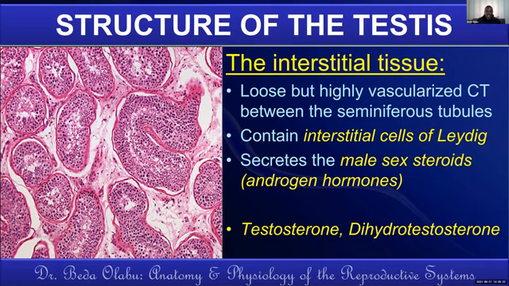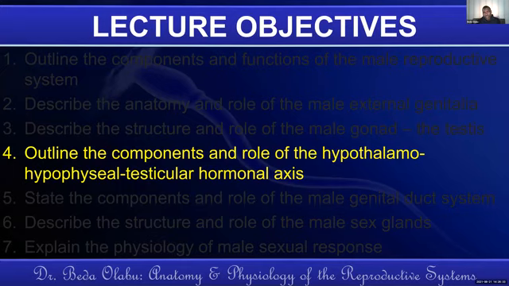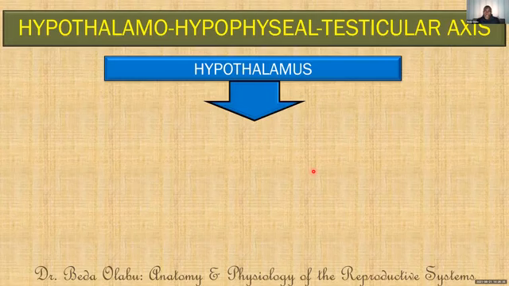Right, so that's the structure of the testis. Now that we've talked about androgens, let's talk about the hypothalamo-hypophyseal testicular hormonal axis. I believe by now you're familiar with this hormonal axis. If I give it to you, it's one of those questions you first stop and thank God, then you proceed to answer.